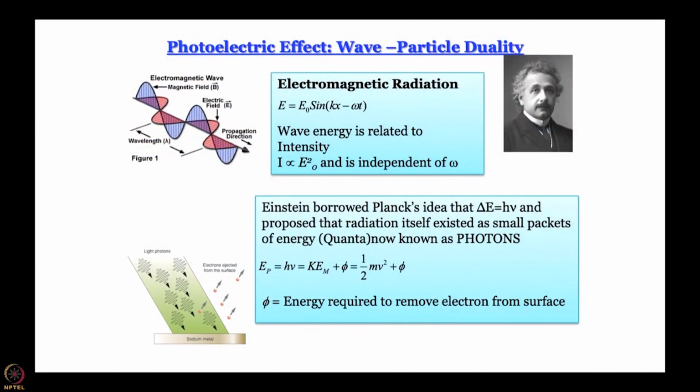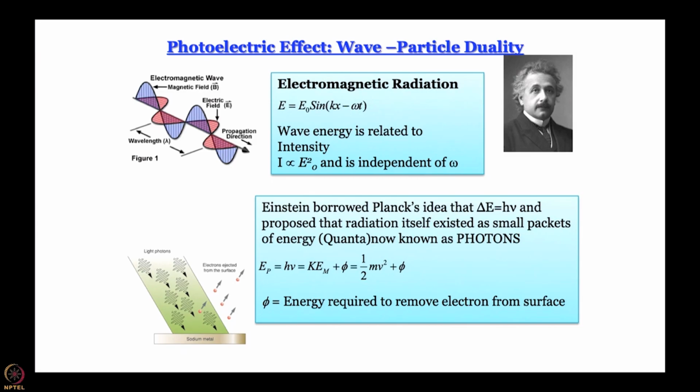Many of us, maybe all of us, know that Einstein got his Nobel Prize not for the theory of relativity but for the photoelectric effect. What is shown in the photoelectric effect, we are not going to go into the detail of it, is that light behaves like particles.